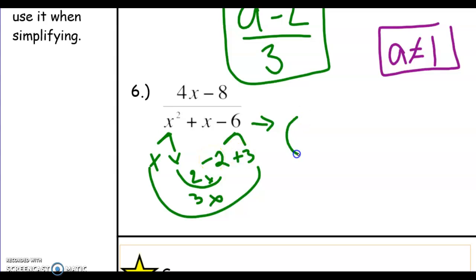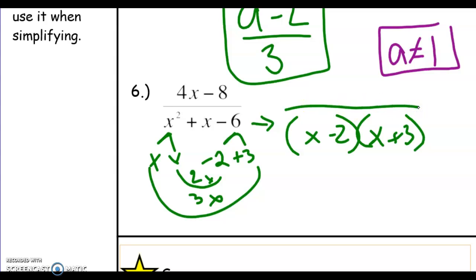Okay, so my bottom is x minus 2 times x plus 3. And on the top, well, I don't care about that yet because I'm just looking for excluded values. Excluded value here, excluded value here. So I get x can't be 2 and x can't be 3.